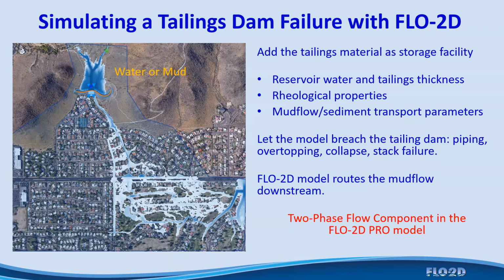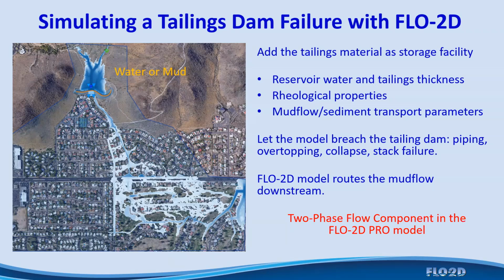So in other words, the sediment volume is tracked by grid element for each phase, because the two-phase flow component has two different phases, and we have a complete webinar on this. And so the sediment concentration is known at all times everywhere in the domain, okay? This makes the FLO-2D two-phase component a very robust component to simulate tailings dam failures.